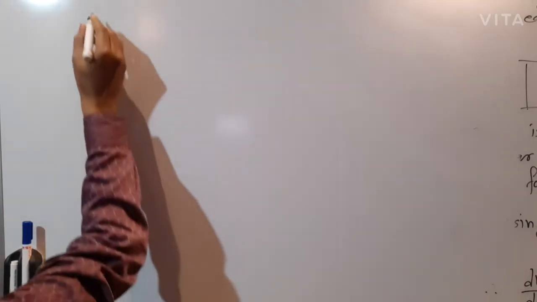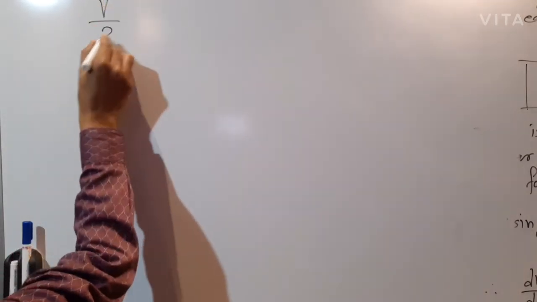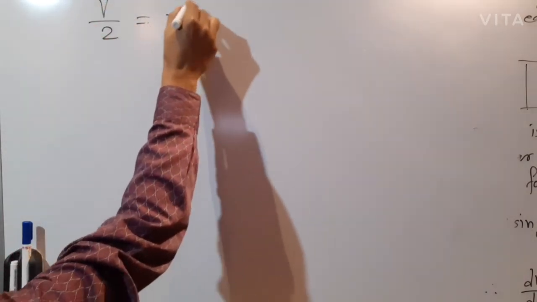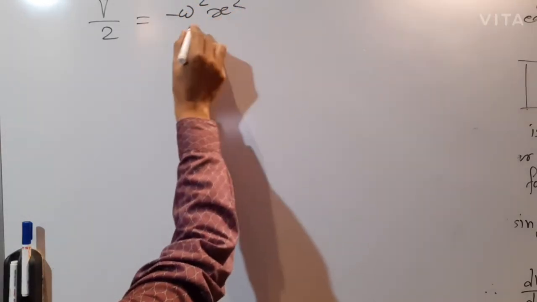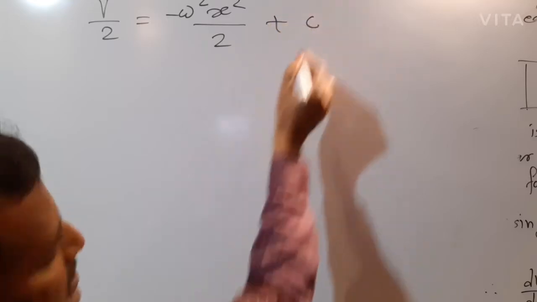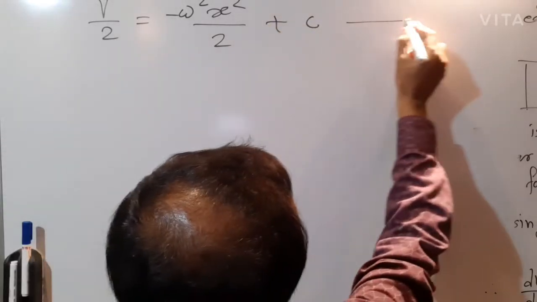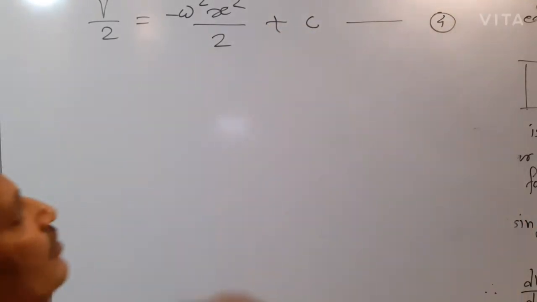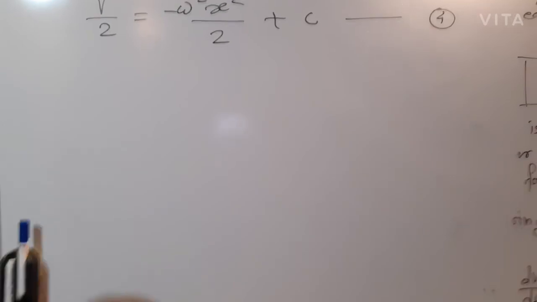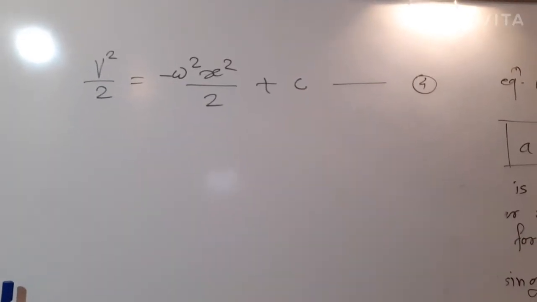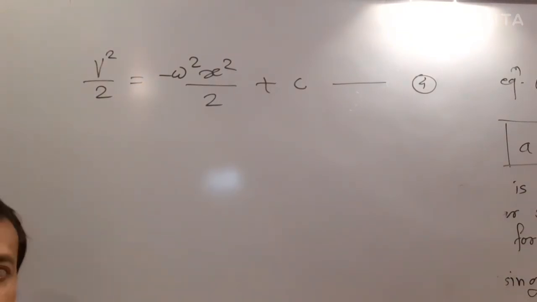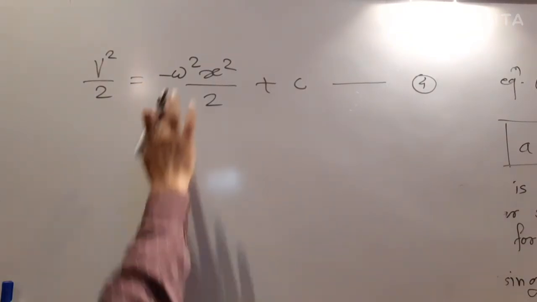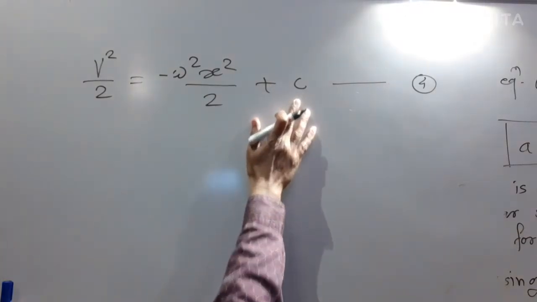Integration of v is v square by 2, equals minus omega square x square divided by 2 plus c. Denote it as equation number 4. This is the integration of the above equation, where c is a constant.